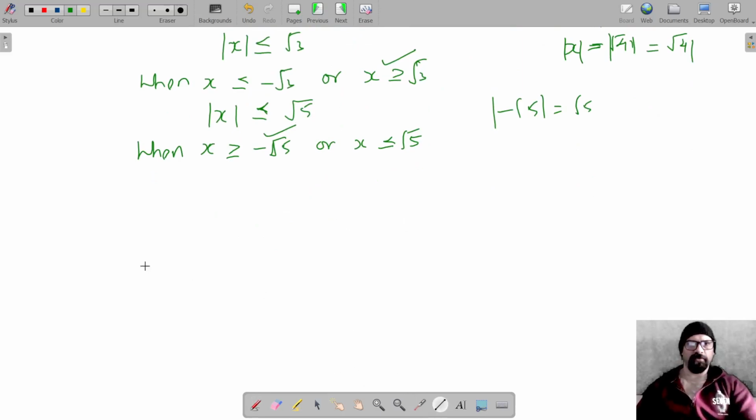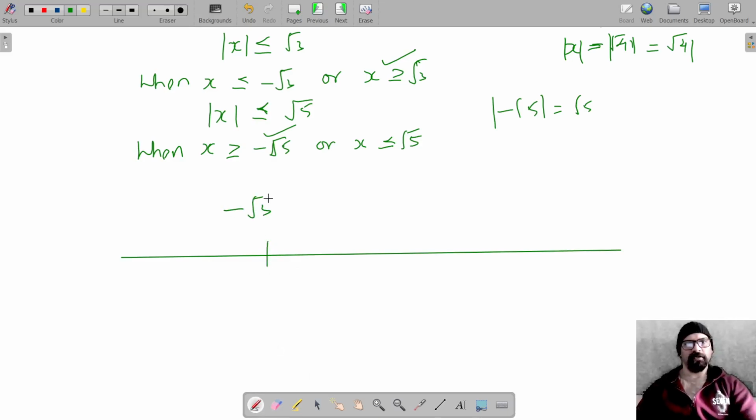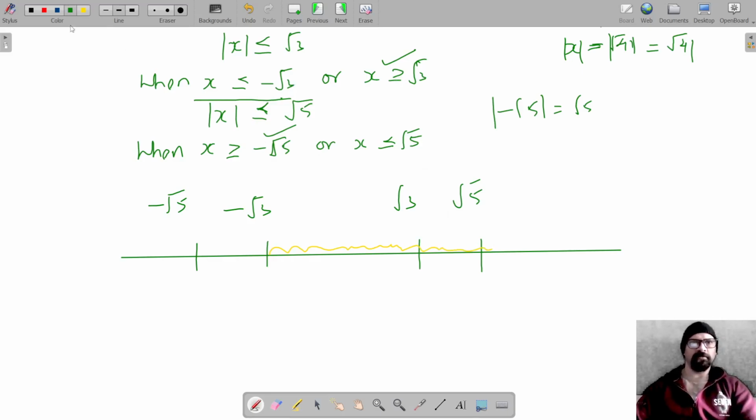And if we plot this on the number line, let's say this is negative root 3, here is negative root 5, here is root 3 and root 5. For the first one, x less than or equal to negative root 3 is this region, and x greater than or equal to root 3 is this region.